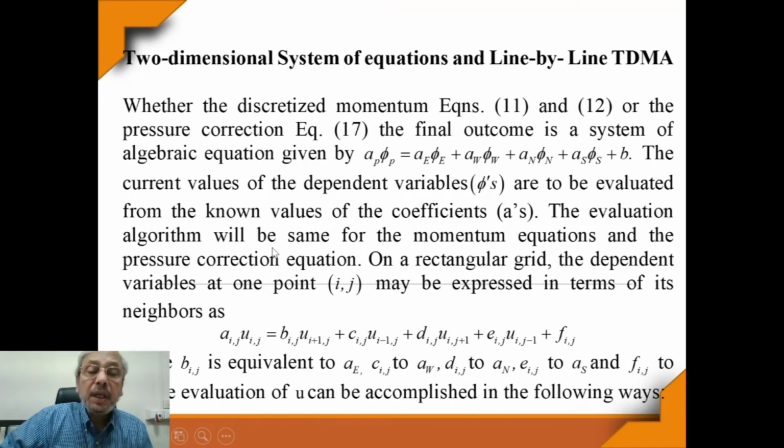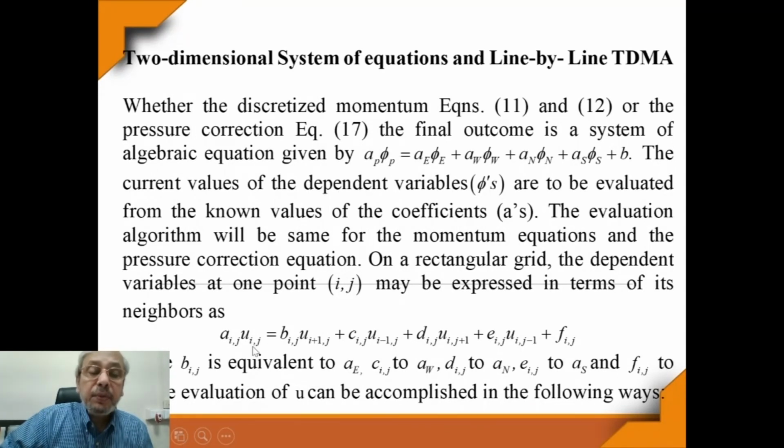The evaluation algorithm will be the same for the momentum equations and the pressure correction equation. On a rectangular grid, the dependent variable at one point, ij, which is point P, may be expressed in terms of its neighbors. Again, whatever I have narrated, I have written it again.